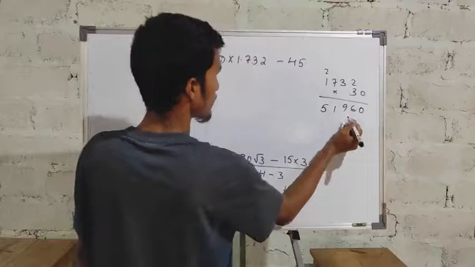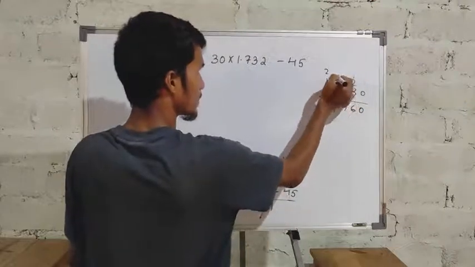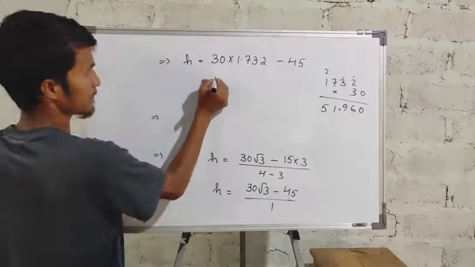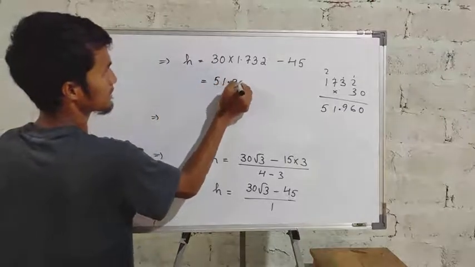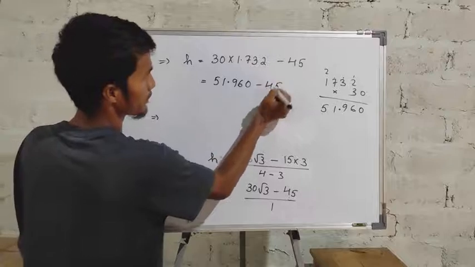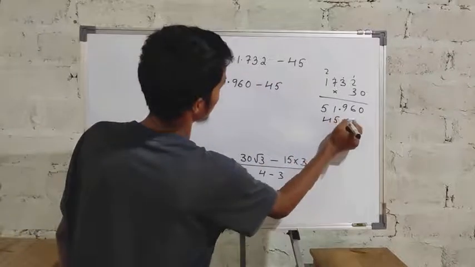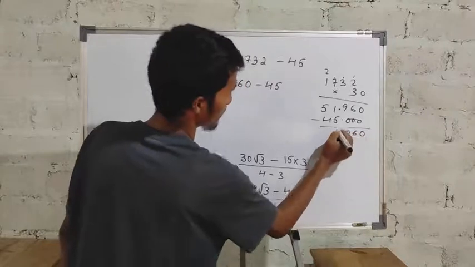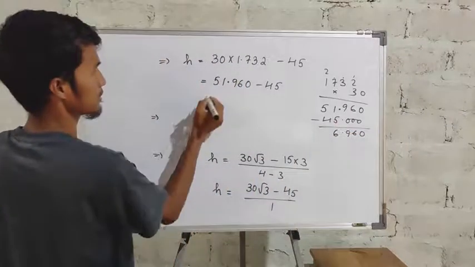Then with this 0. Then how many numbers here? 1, 2, 3. Then here also 1, 2, 3. Okay, then that will be 51.960 minus 45, then 6.960, which is 6.96.